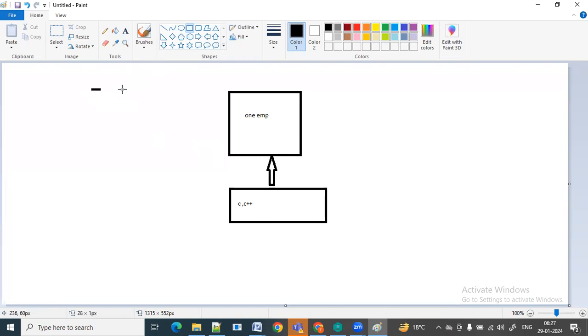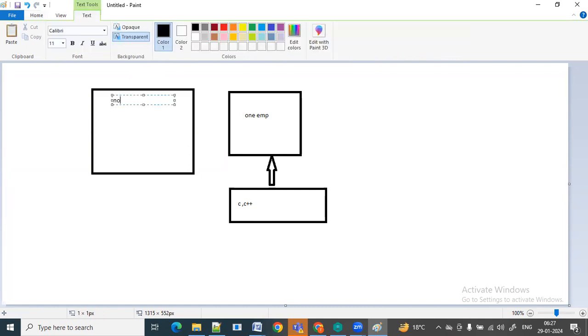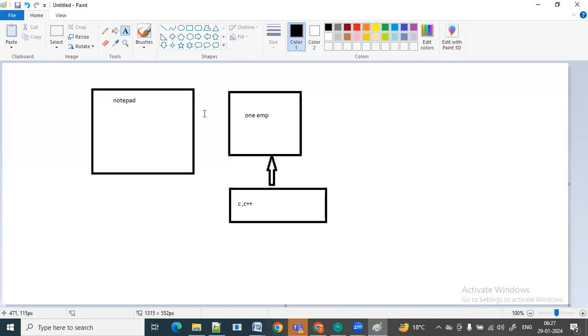Let us assume this is a notepad. So one employee got entered and this will be stored here.